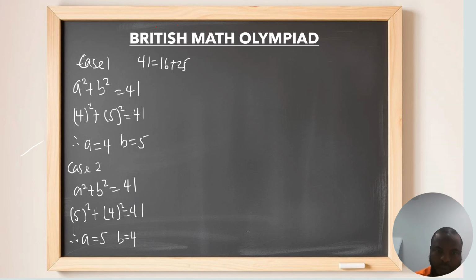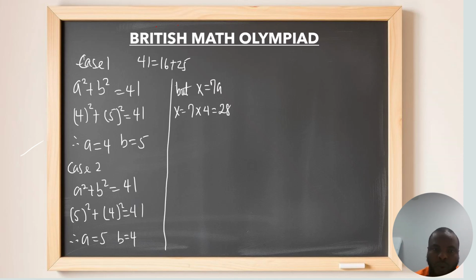Recall that in the previous slide, we have x equals 7a. So in case 1, our x is going to be 7 times 4, that shows x is 28.